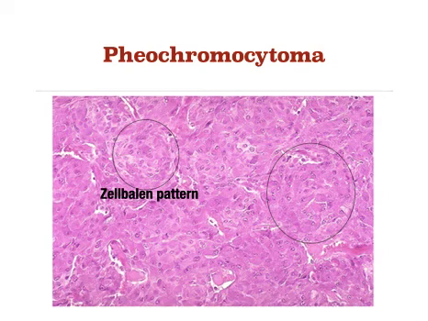So they look like clusters, ball clusters made up of these polygonal cells with round nuclei and stippled chromatin pattern. Now, the salt and pepper chromatin pattern or the stippled chromatin pattern is very characteristic that is shared between many neuroendocrine tumors and is also seen here in pheochromocytoma.